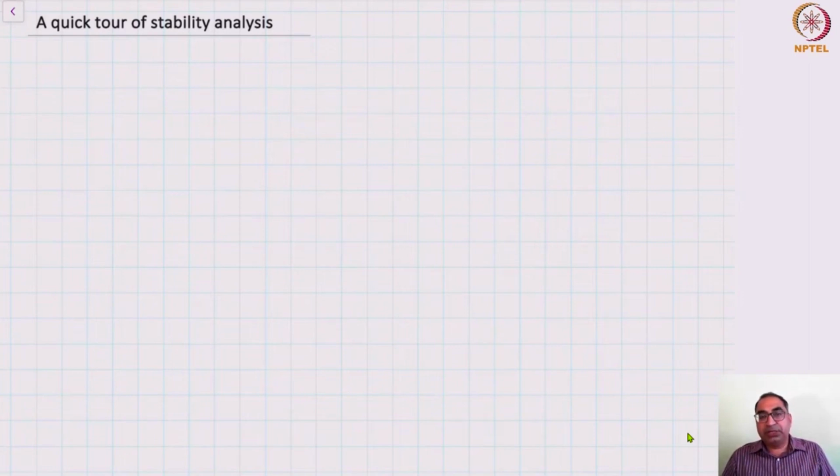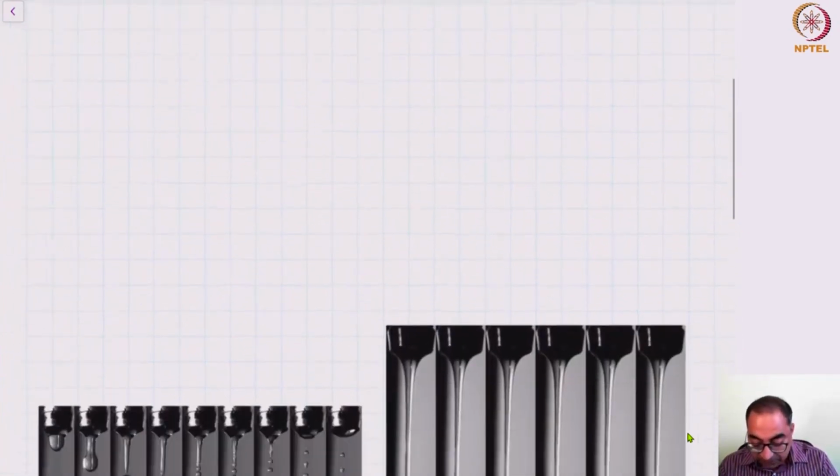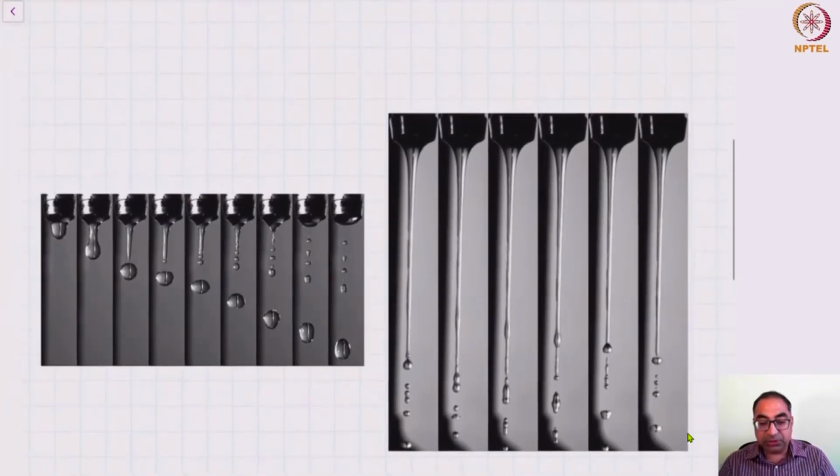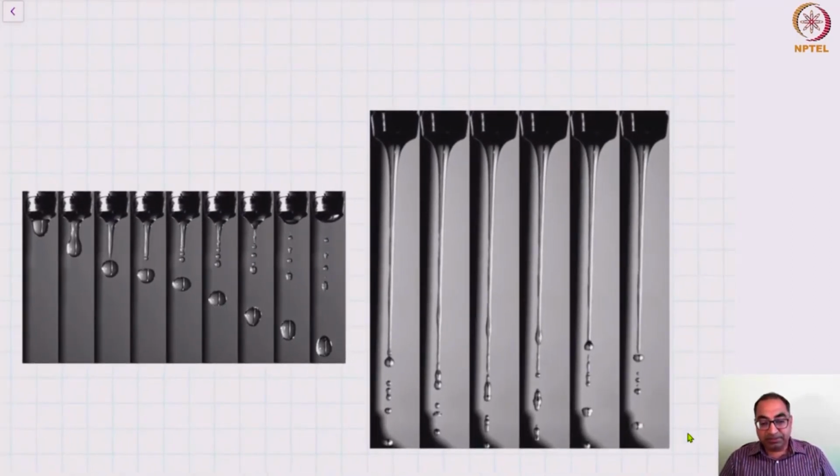Now, to answer a question like that, we need to understand that what happens in an experiment is that when the jet actually comes down, it basically breaks up into droplets. We all know that. So for example, I am showing you here two sets of images. On the left panel, what you see is the initial formation of a jet.